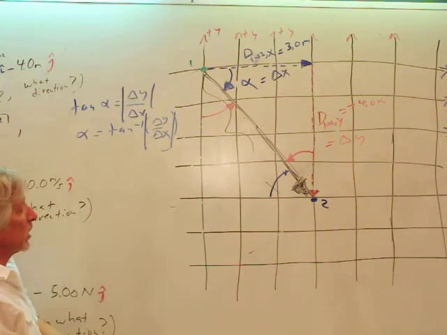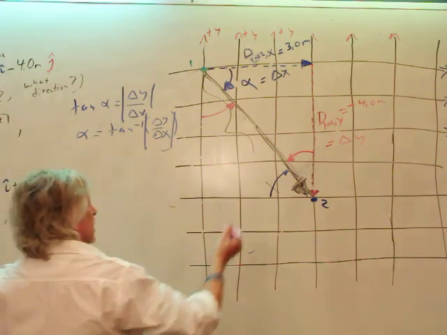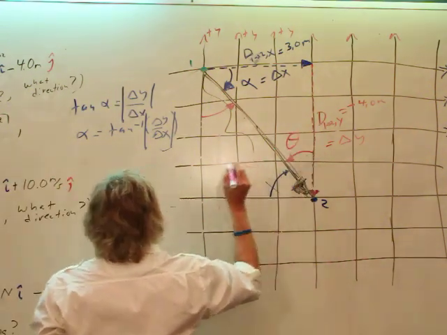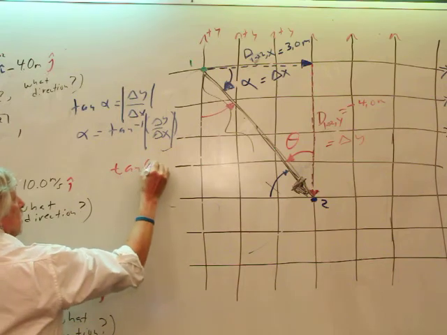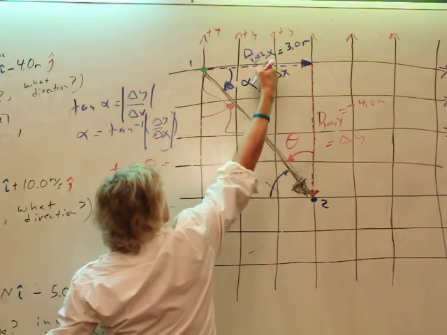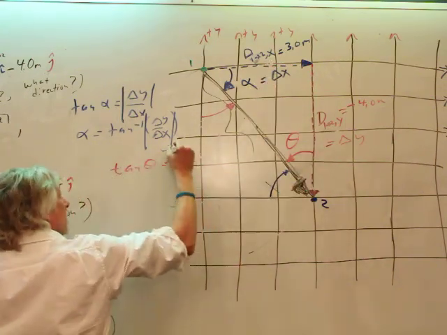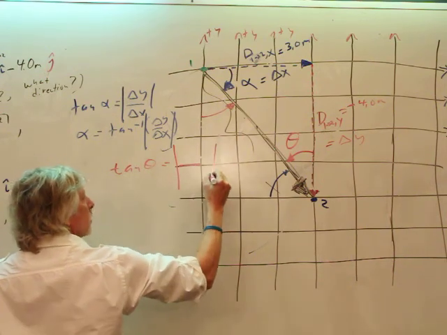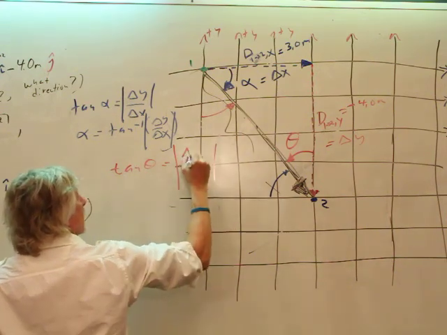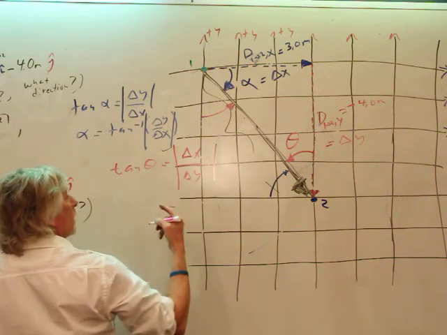Now I could just as well use this angle, and sometimes you call it theta. Okay, let's call this theta. Well, the tangent of theta is opposite over adjacent. Again, I recommend using absolute value. Opposite theta is delta x over delta y.